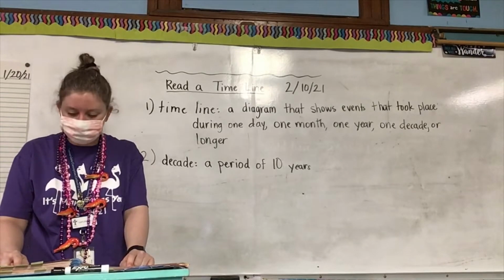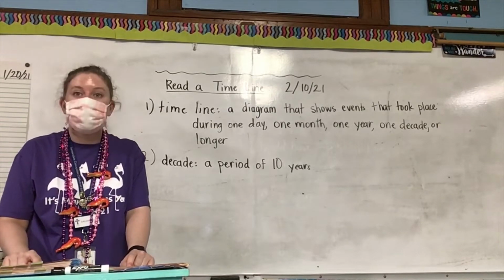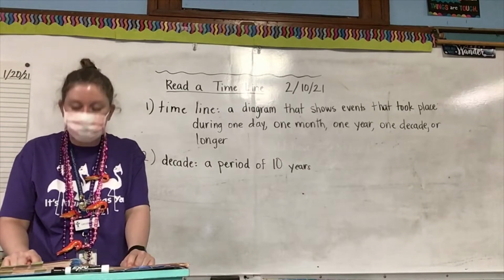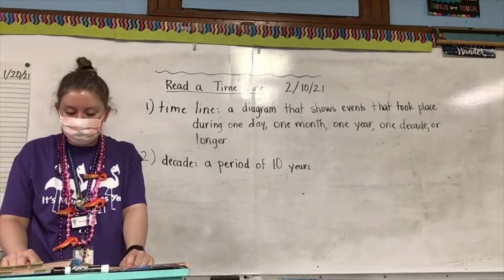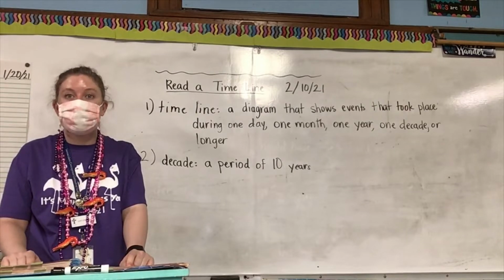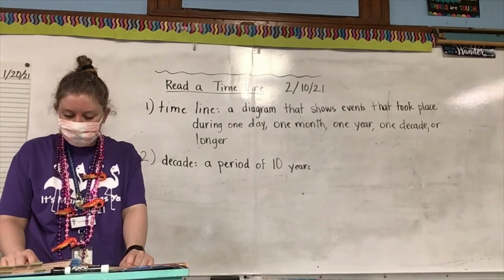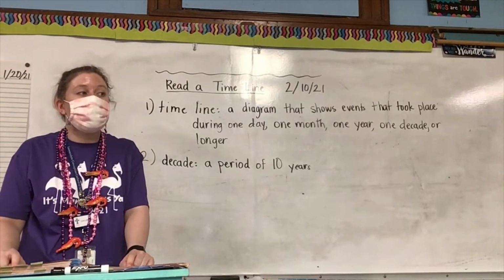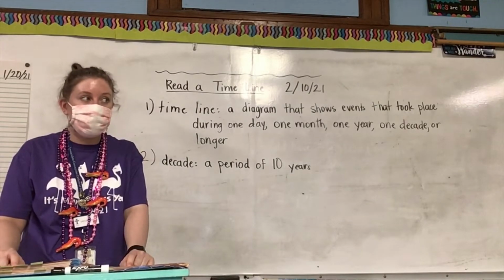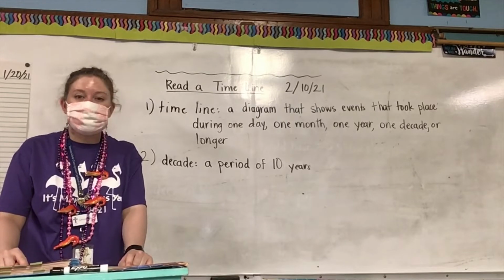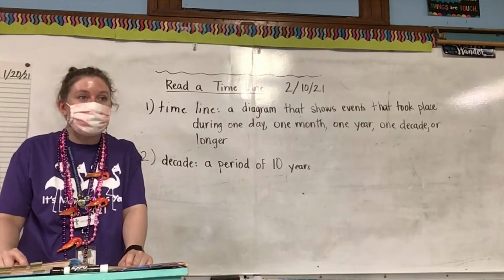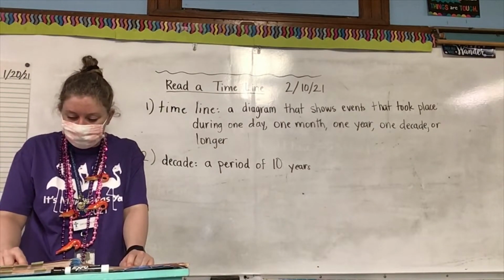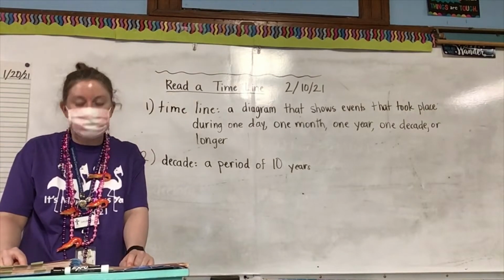Mason? 1783. What happened in 1783? The American Revolution ends. The United States becomes a country. So even though the most recent date was 1901, the most recent event on this timeline was in 1783 when the American Revolution ended and the United States became a country.